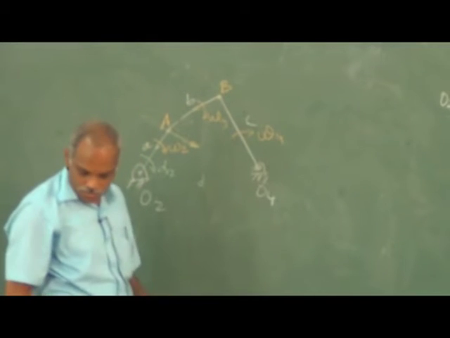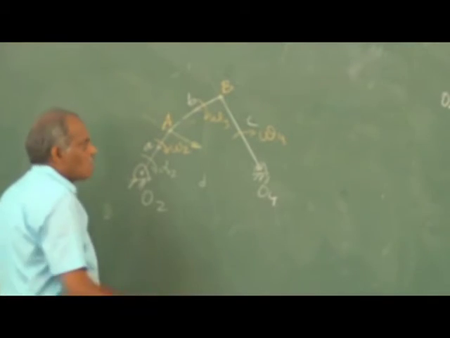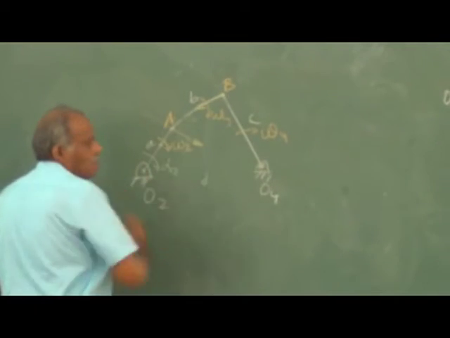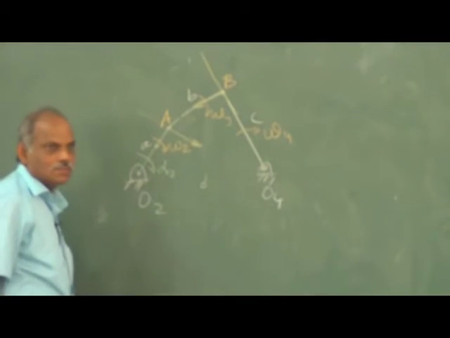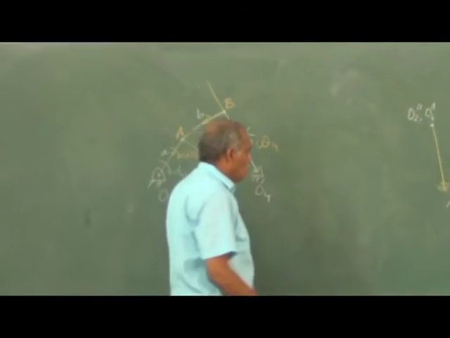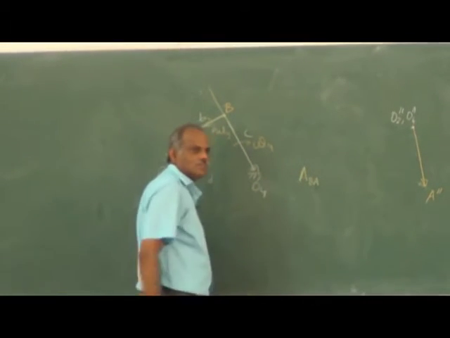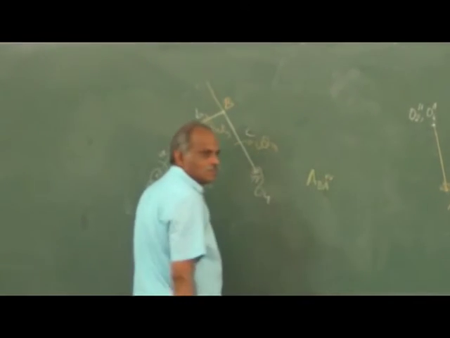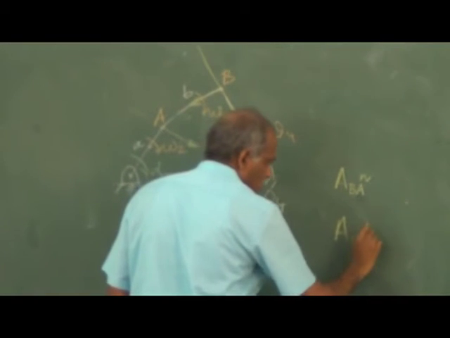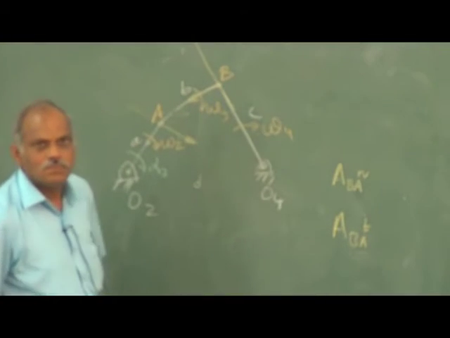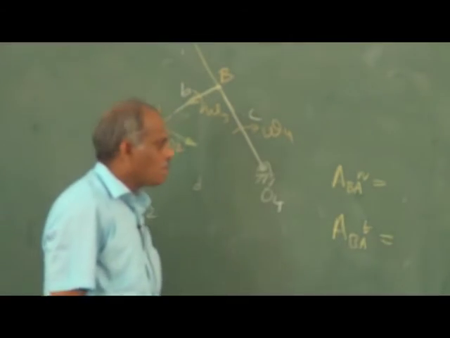So let us first take this B as a part of linkage 3. You will have an acceleration component like this, that is the normal component, another is a tangential component. So what is the acceleration of B with respect to A, normal component, and acceleration of B with respect to A, tangential component? What would its magnitude be?